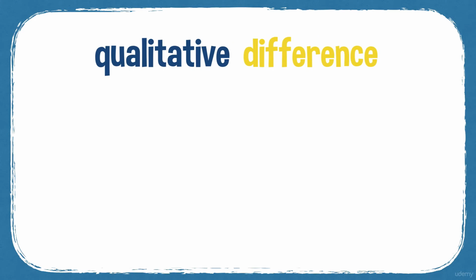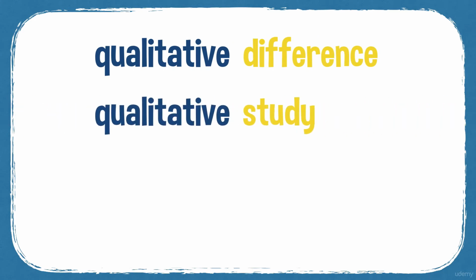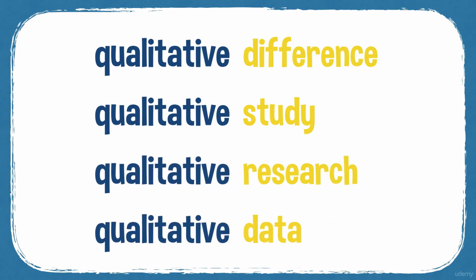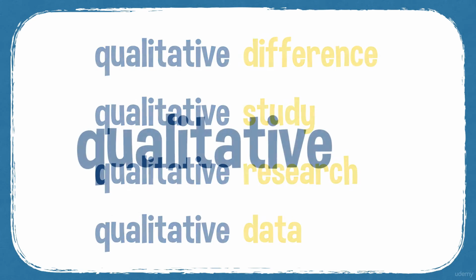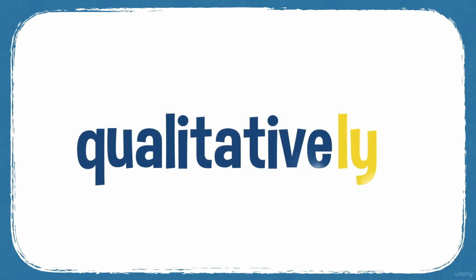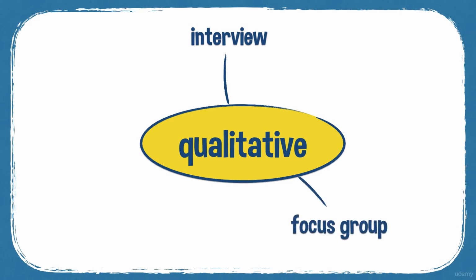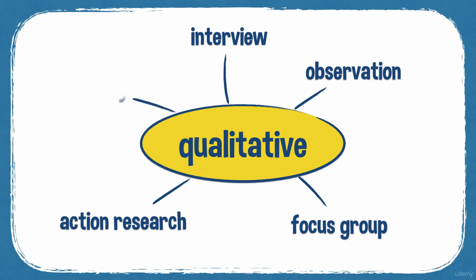We often talk about a qualitative difference, a qualitative study, a qualitative piece of research, and qualitative data. And you can turn it into an adverb, qualitatively. And some synonyms. It's difficult to think of synonyms for this word, but here are some examples of qualitative data. So interviews, focus group, observation, action research, case study.